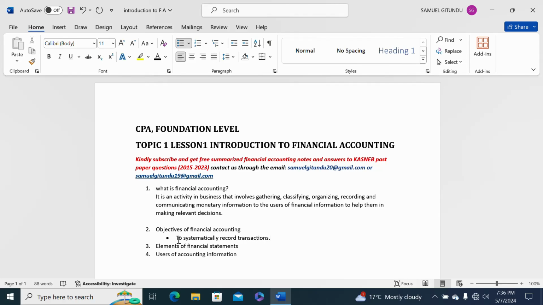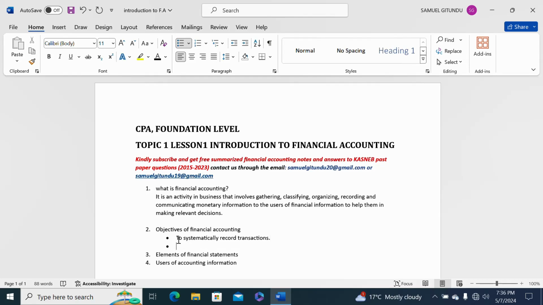We have said recording a transaction means writing an event in a business down in a book in a systematic way. That means you're not just writing them down. There is a system in place which you are following. So that is the first objective of financial accounting.